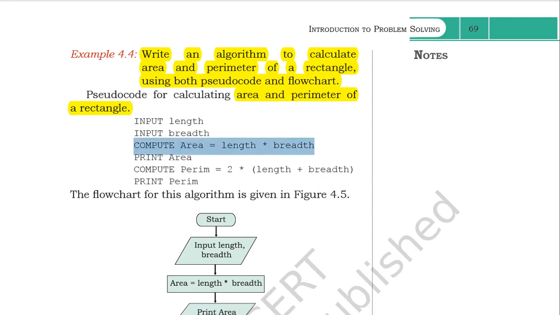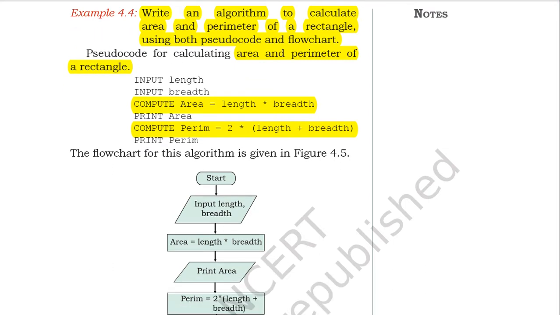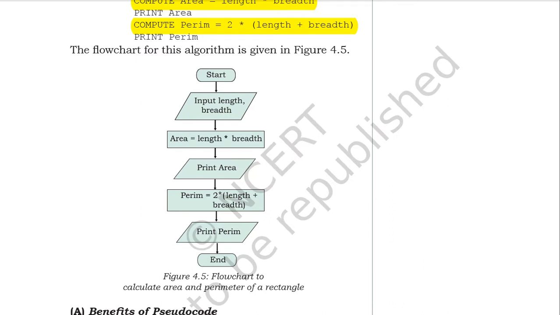There are two compute sections, one for area and another for perimeter. For perimeter we have taken perim as the name, and then print this one. So this is the completed pseudocode. We have to write down pseudocode like this.